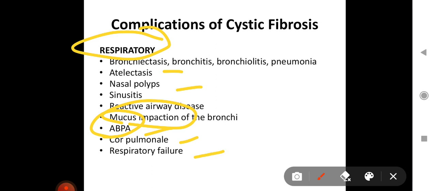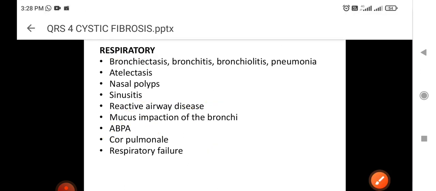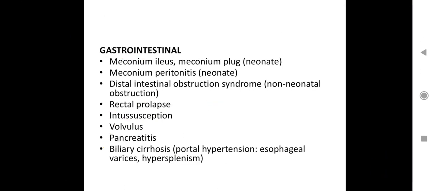So basically mucociliary clearance is disturbed, and infection of mucus may precipitate other diseases like reactive airway disease or ABPA, and at a later stage, if not managed properly, may lead to cor pulmonale or respiratory failure.